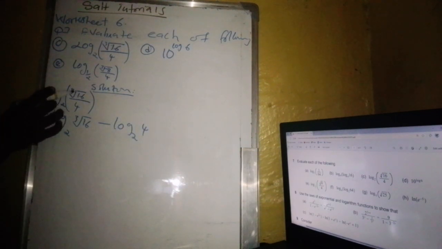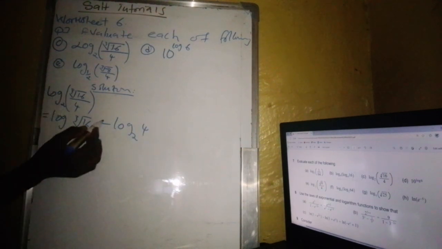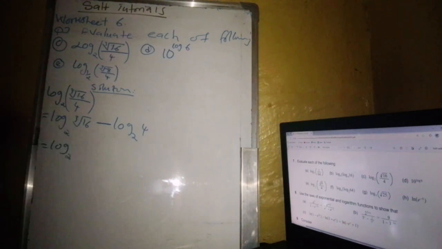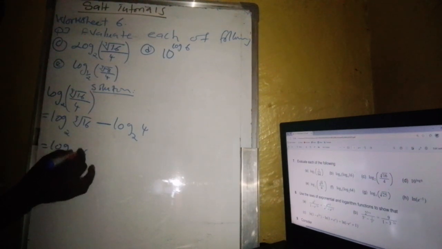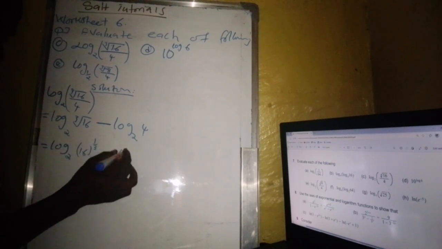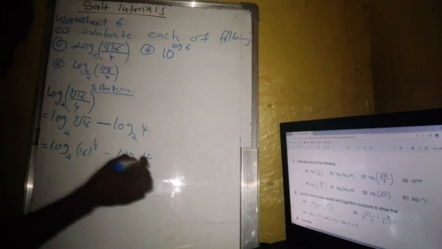If we have division in the input, it leads to a subtraction. Then the cube root can be written as 16 power 1 over 3, minus log 2 4.